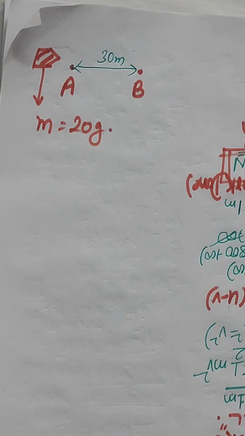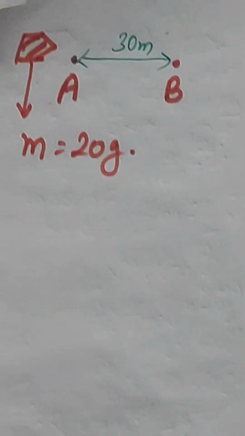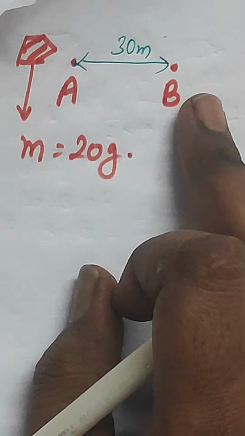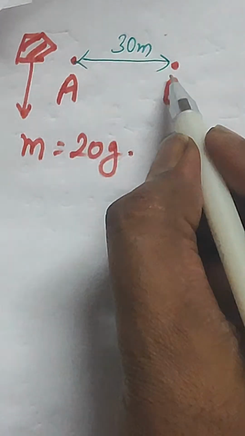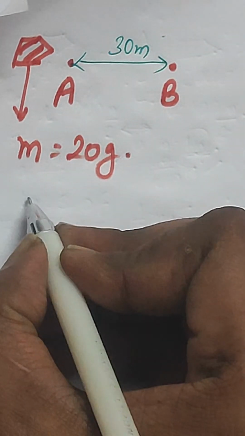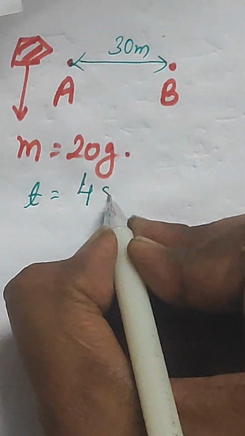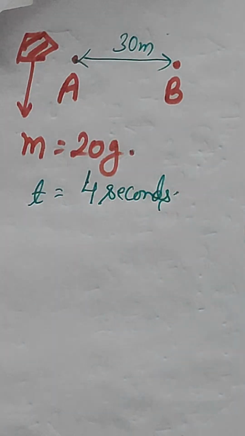Now in this case, let me zoom a little. Yes, these 2 points are 30 meter apart, and to cross this it will take a time of 4 seconds. This is the question which is given to you. All this data is given in this question, right?